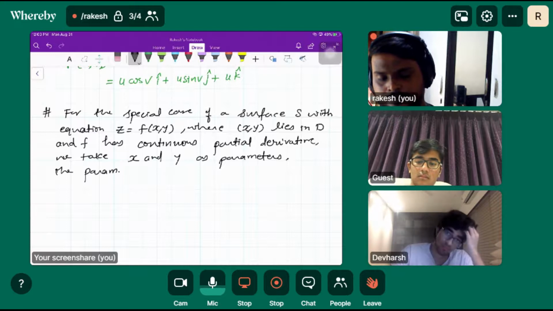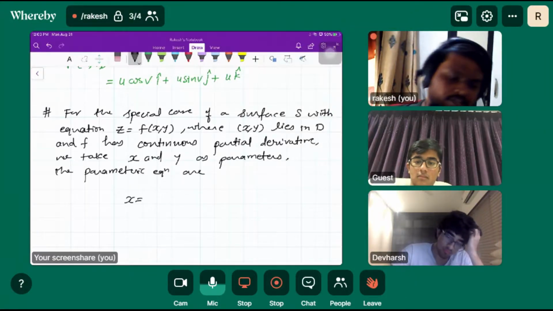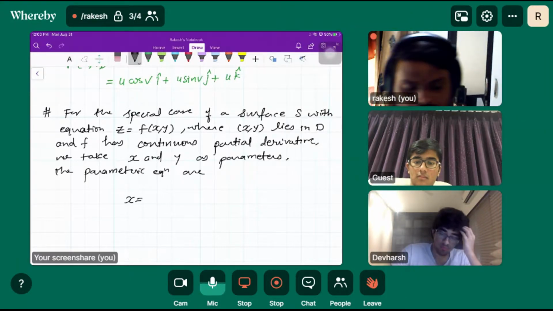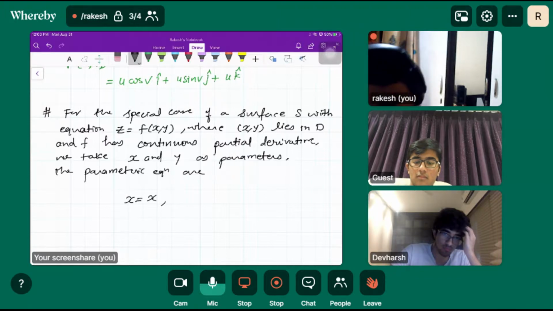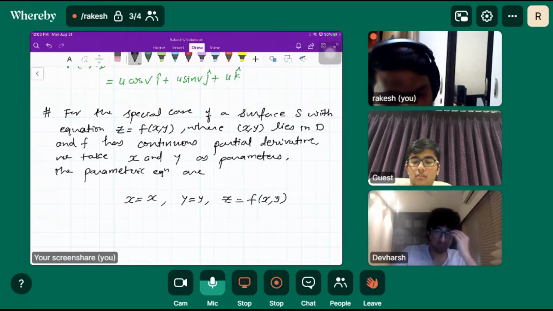The parametric equations are, I'm taking x and y as parameters, so x is equal to x, y is equal to y, z is equal to f of x comma y, right? So far we have dealt with this.